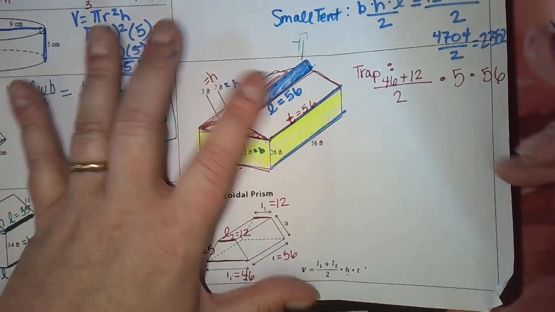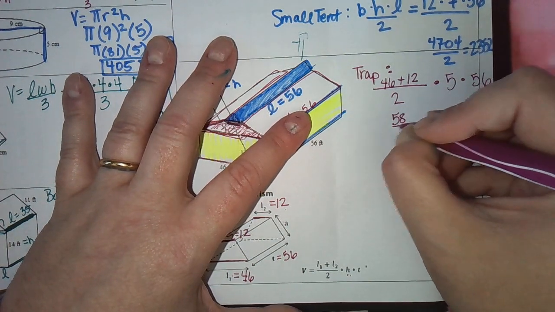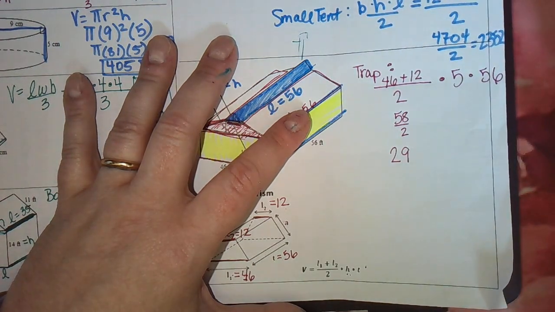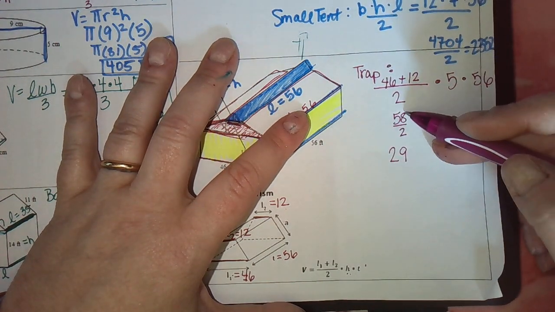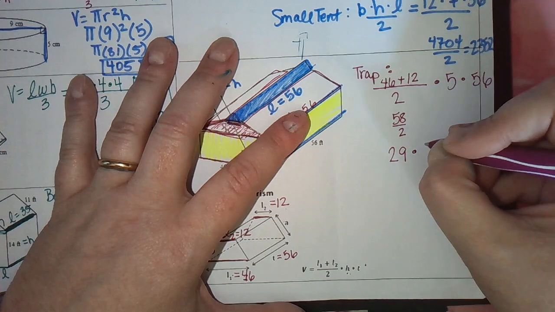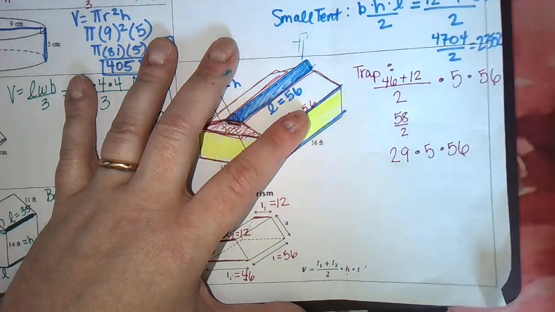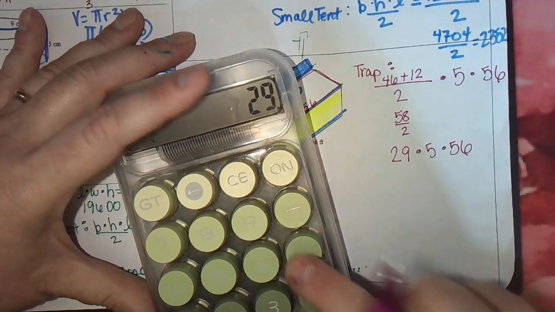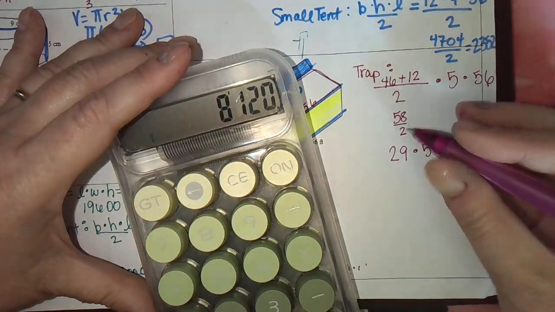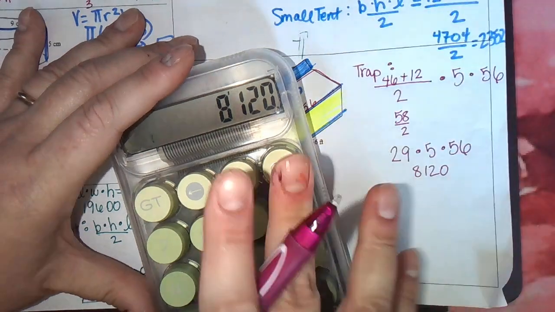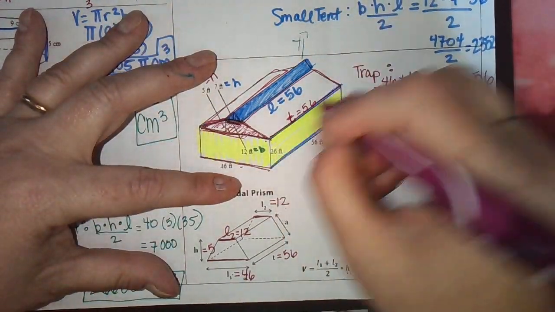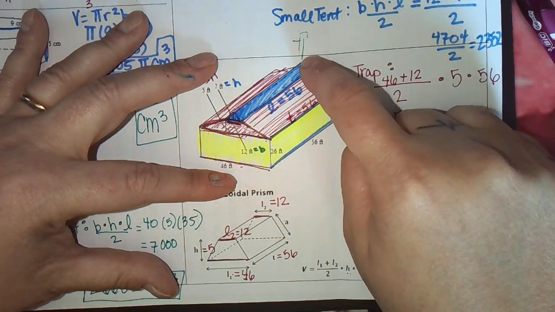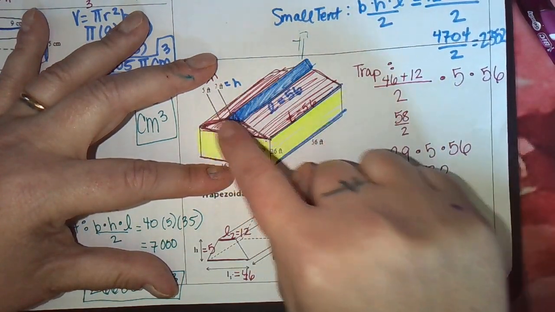Okay, let's deal with this fraction first. This makes 58 over 2, and 58 divided by 2 is 29. Then we have times 5 times 56, and we get 8120. So that's for the trapezoid. Not this little blue tent on top, but all of this pink purple color.